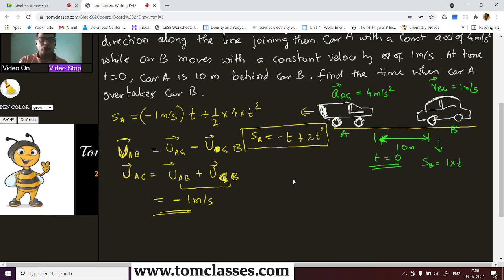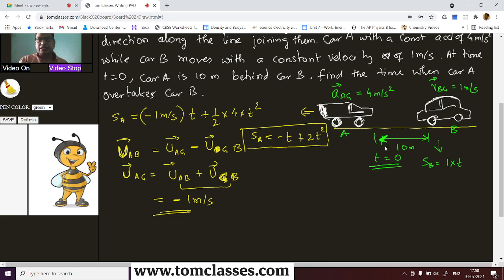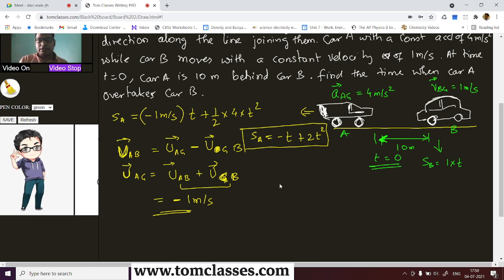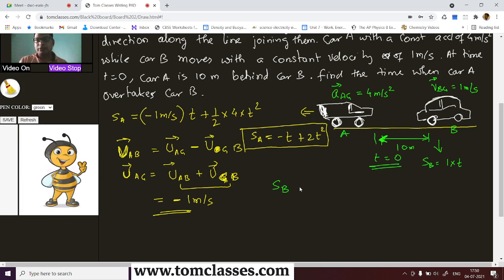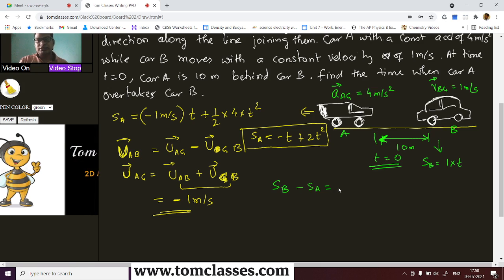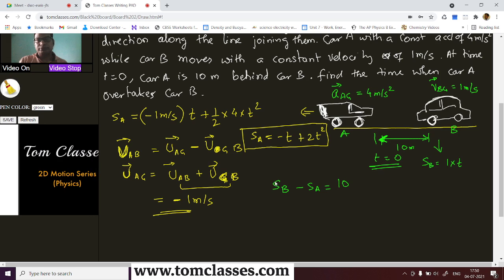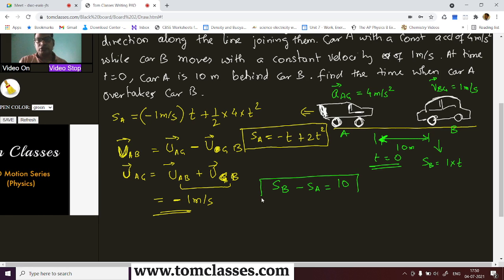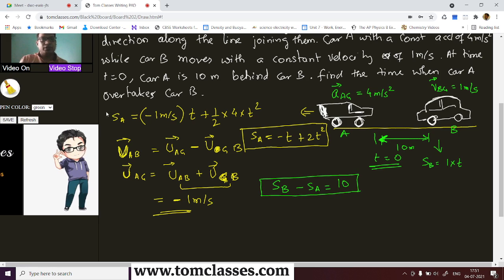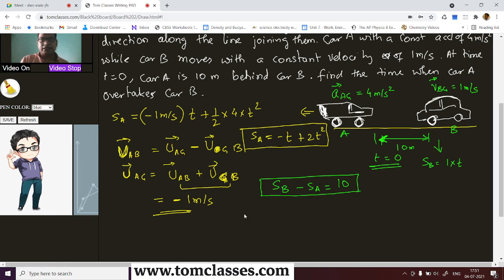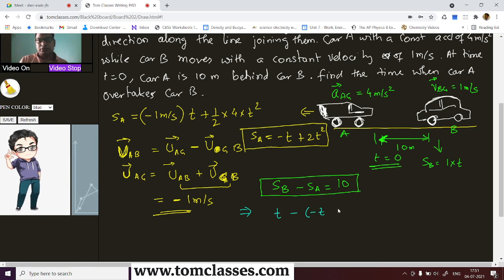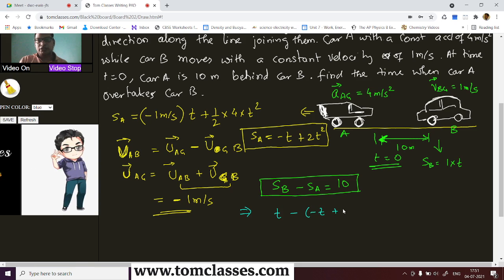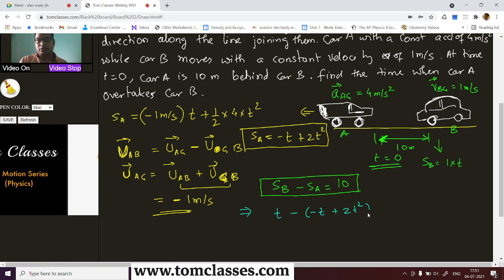Okay, so what I am going to say here is that there is a gap of 10. So you can say that S B minus S A is nothing but 10. Okay, so this is the equation we have. Now, if I go on applying this, what I am going to get is t minus of minus t plus 2t square, right?